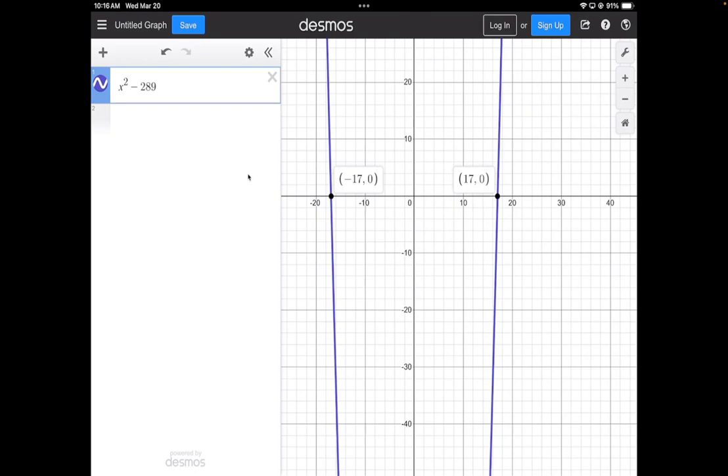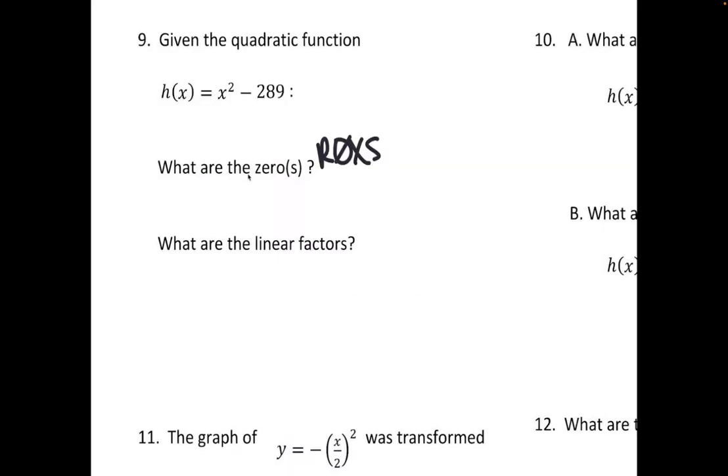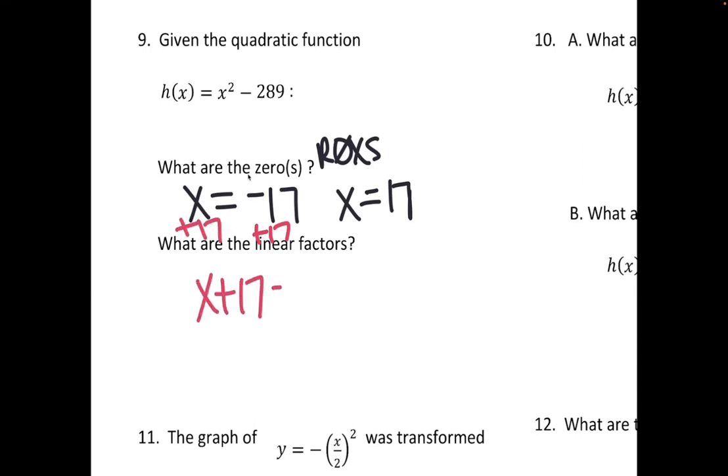Negative 17 and positive 17. I'm going to write them like this because then again, we're looking at our factors. So I would need to add 17 to both sides here. So x plus 17 is a factor. And on this one, I would minus 17. For the most part, if it's a whole number, you're just going to move it over and change that sign.